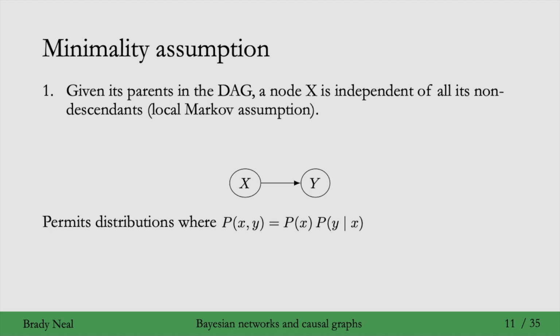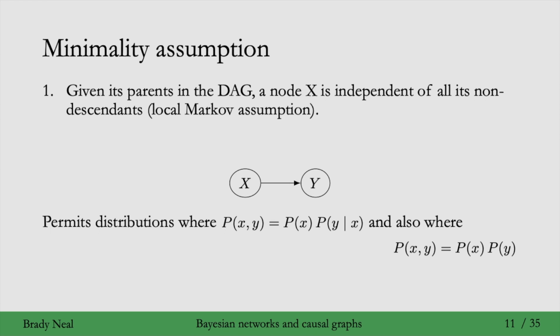And this graph permits different kinds of distributions. So one kind of distribution is this factorization here. The joint equals p of x times p of y given x. And the local Markov assumption for this graph also permits the fully factorized distribution, so that's where p of x comma y equals p of x times p of y.